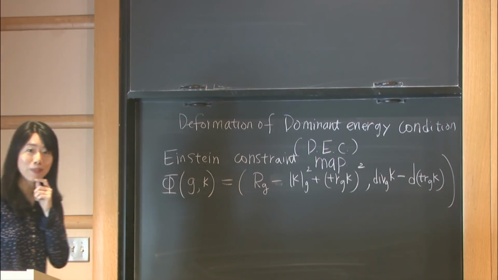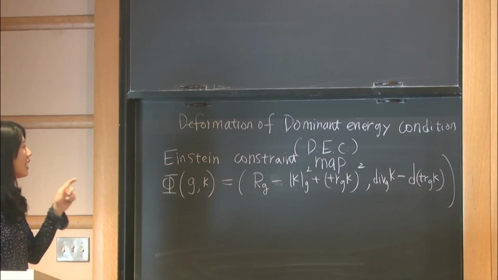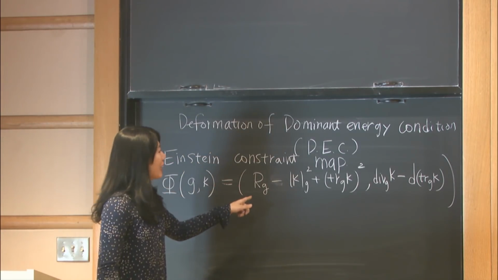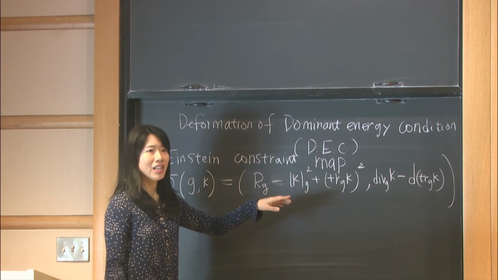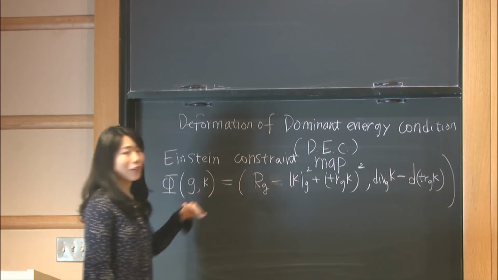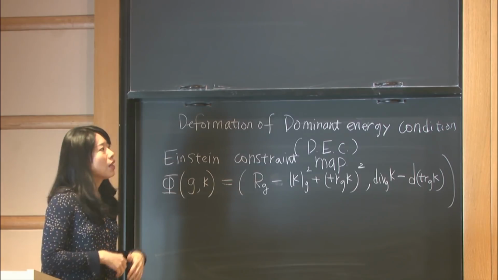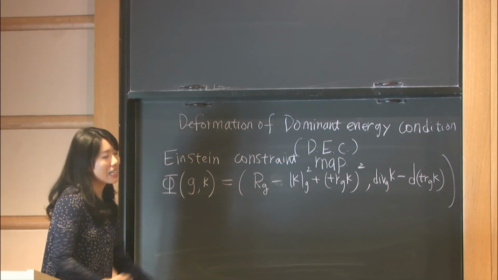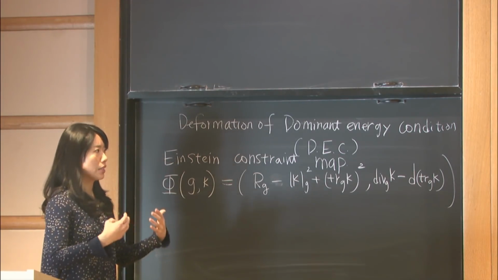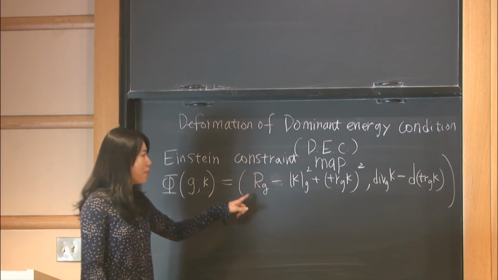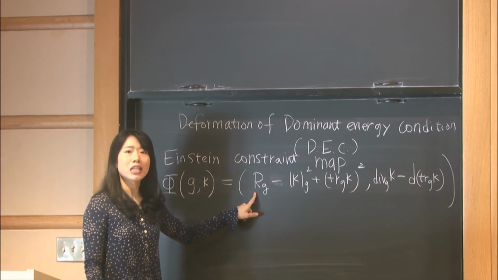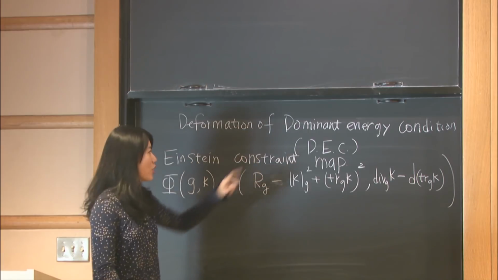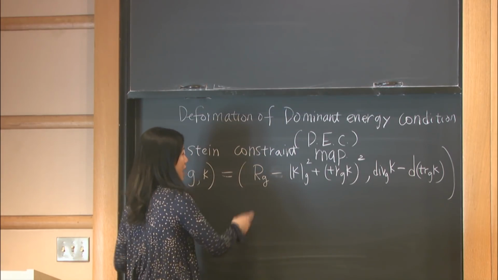If you stare at this a little longer, you'll probably recognize it looks very much like the Gauss equation and the Codazzi equation. That's indeed the case. This comes as a compatibility condition: if the initial data set can sit in a spacetime satisfying the Einstein equation, then this should satisfy some condition, which will be the dominant energy condition.